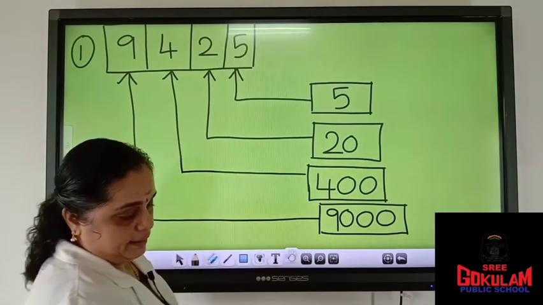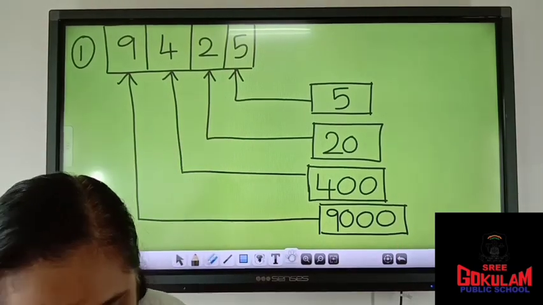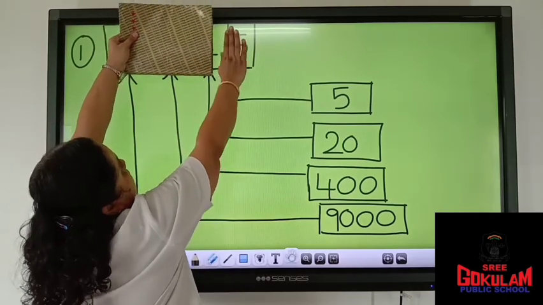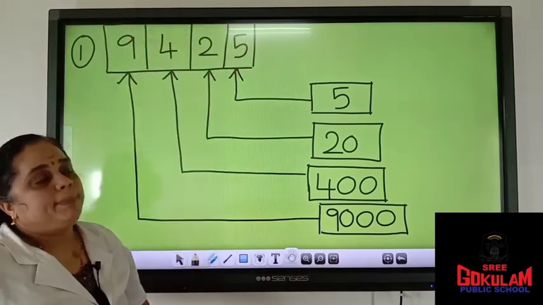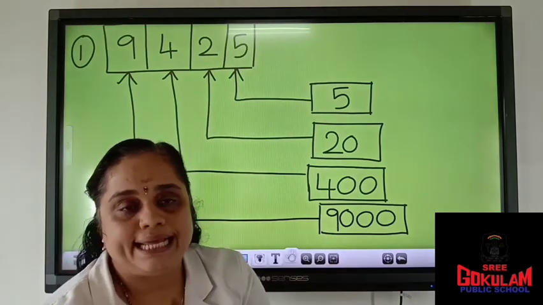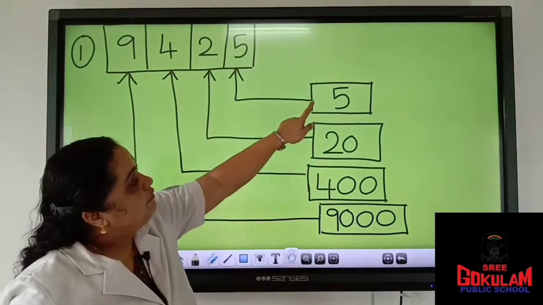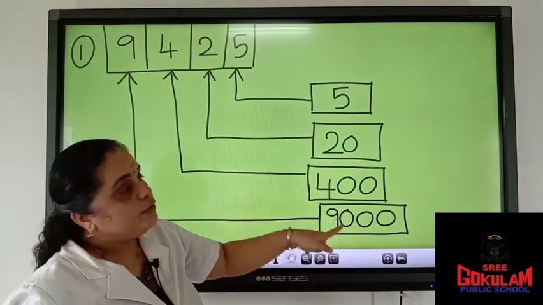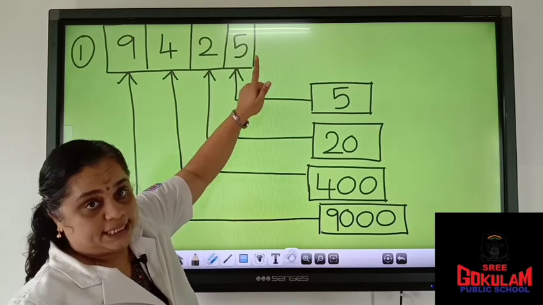For example, you will not have this number at all. Okay, you won't have this number, but you will have these positions. So you will have 5, 20, 400, 9,000, and you are supposed to write which position it is occupying.